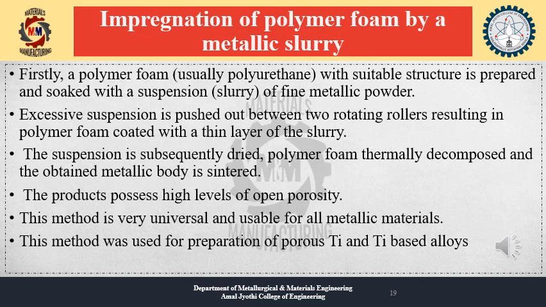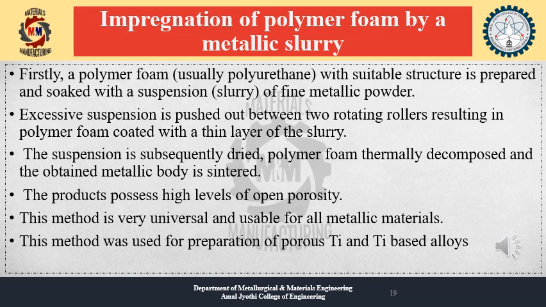Impregnation of polymer foam by a metallic slurry. Firstly, a polymer foam, usually polyurethane with suitable structure, is prepared and soaked with suspension slurry of fine metallic powders. Excessive suspension is pushed out between two rotating rollers, resulting in polymer foam coated with a thin layer of the slurry. The suspension is subsequently dried.